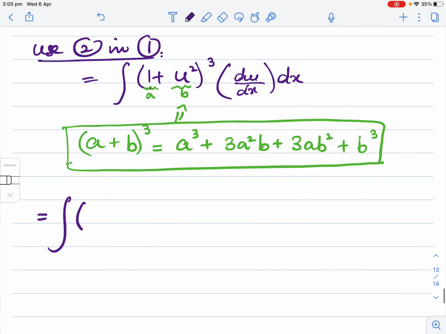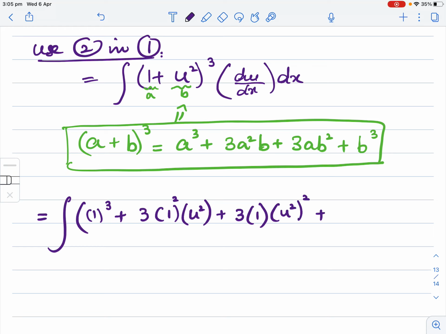So a, which is 1, cube, a cube plus 3a, which is 1, b, a square, 1 square, b, which is u^2, plus 3a, which is 1, b square, u^2 and whole square, plus b cube, which is u^2 and then cube, and then du.